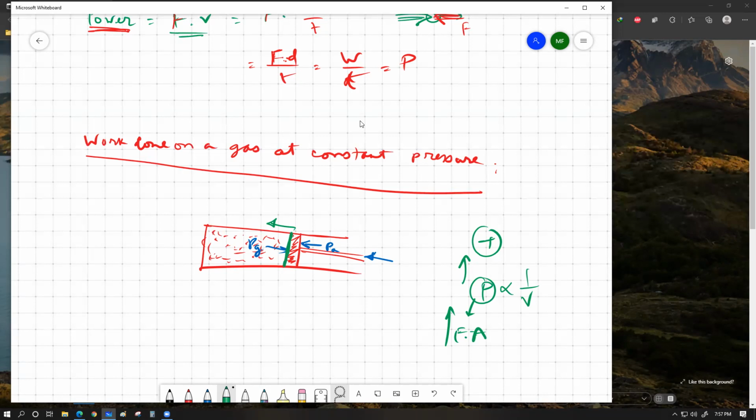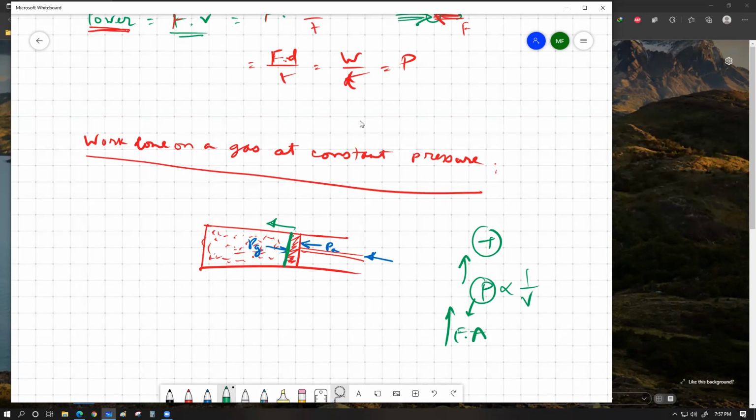This is what we mean. This is the scenario where force is applied from the outside and the motion is also happening in the direction of the force. This is what we describe as work done on the gas by an external source.